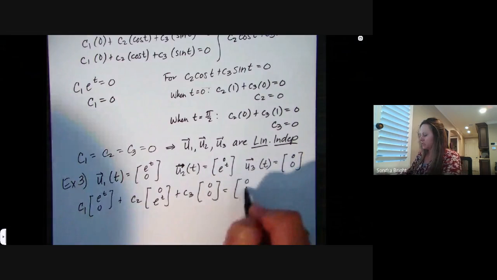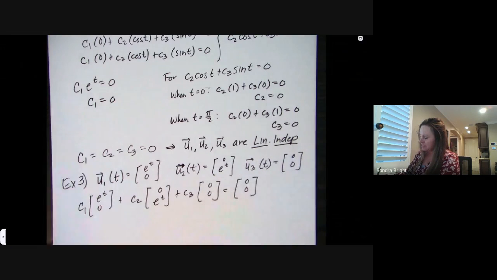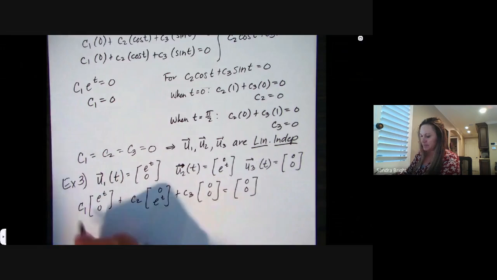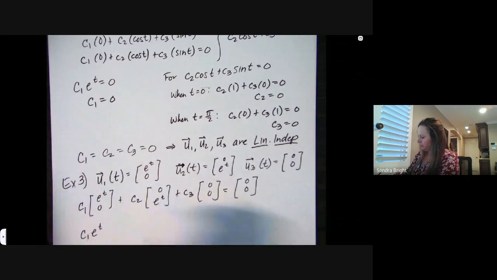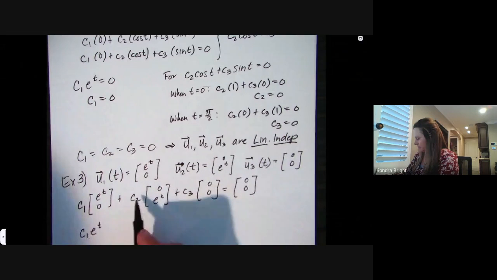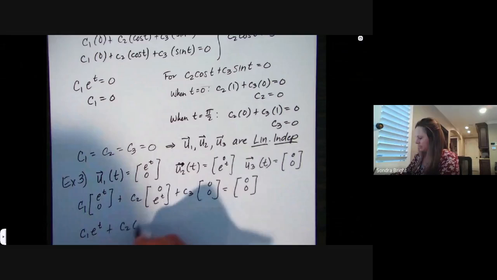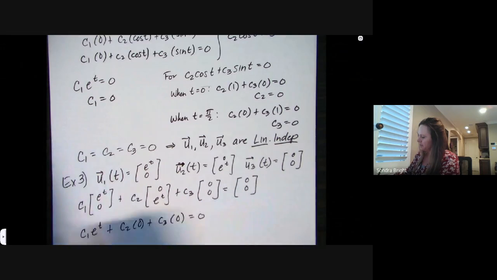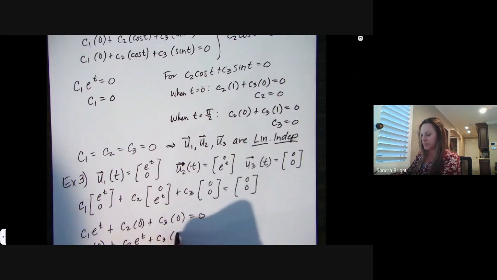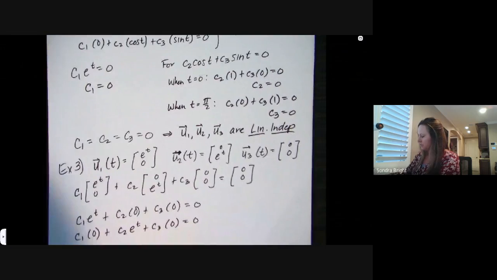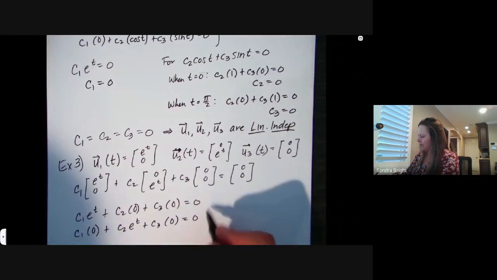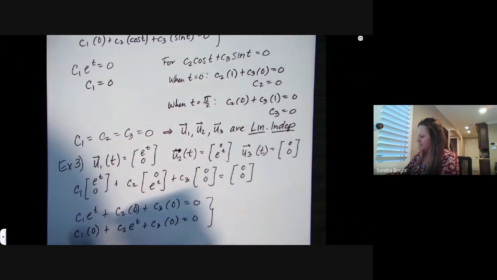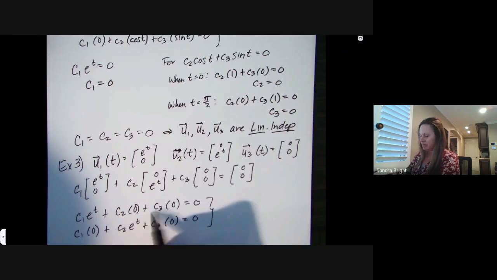All right, so first row gives me that C1 times e to the t plus C2 times 0 plus C3 times 0 is equal to 0. And then row 2 gives me C1 times 0 plus C2 times e to the t plus C3 times 0 is equal to 0. All right, so putting these two guys together gives me that C1 times e to the t is equal to 0.